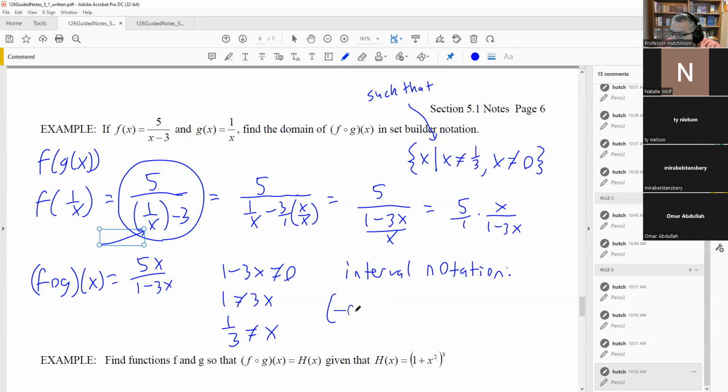So it includes all the numbers before 0, the numbers between 0 and 1/3, and all the numbers greater than 1/3, so 1/3 to infinity. That's what it would look like in interval notation. It's everything except for 0 and 1/3. That's why I've got parentheses on all these, because 0 and 1/3 are not included. So it could ask you for either set builder notation or interval notation.